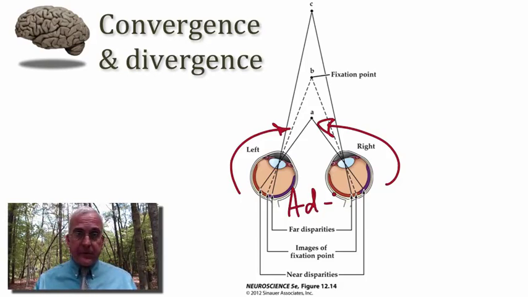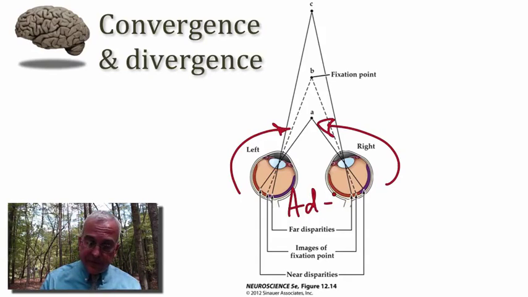And so this is activity that's driven by the oculomotor nerve, causing contraction of the medial rectus muscles in both orbits. And so that's what's necessary to go to a near point of fixation. Now, if one was going to go from that near point of fixation to a distant target, divergence is necessary.